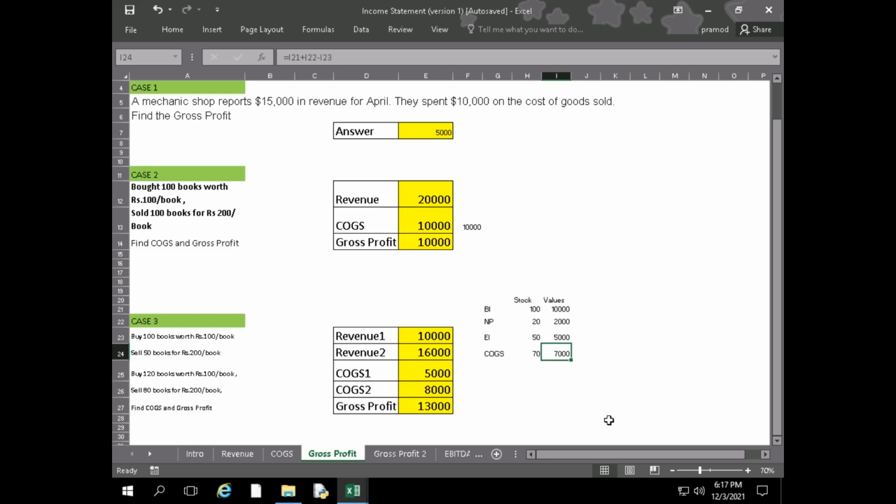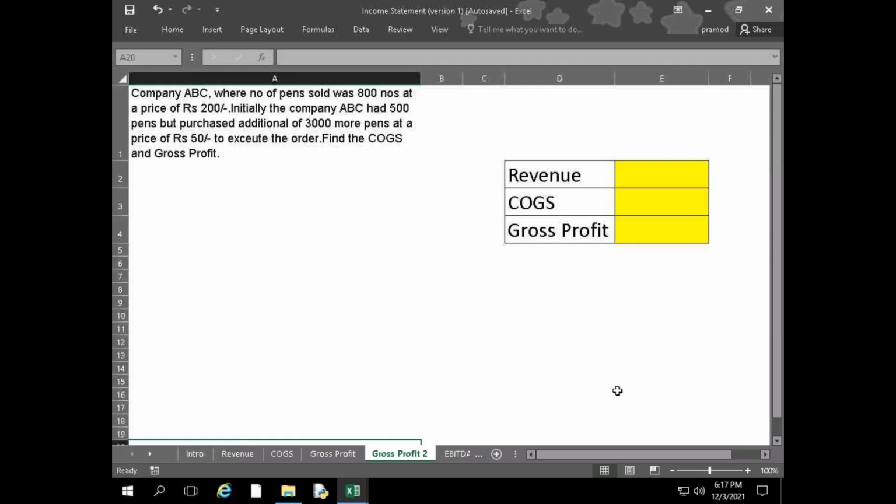So the answer for gross profit 2, sir. So find it. Now say, what is the revenue? Revenue is sales quantity into sales price, sir. So that is 800 into 200. Correct, 800 into 200.